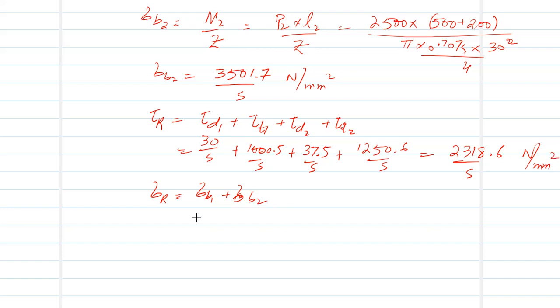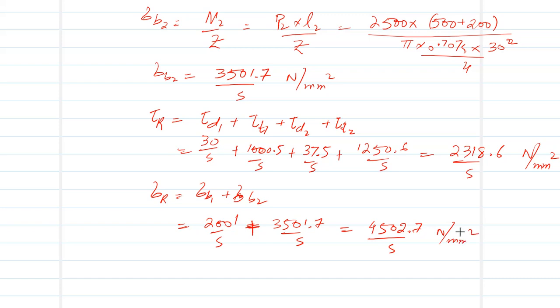For the bending stress, we have to add two normal stresses. The bending stress in case of one is 2001 divided by S. In case of two, it's plus 3501.7 divided by S. So it becomes 5502.7 divided by S Newton per millimeter square.